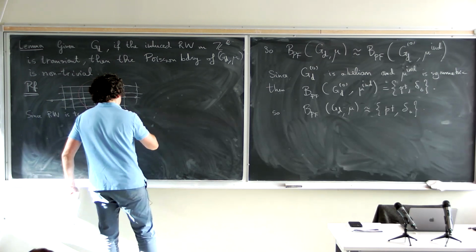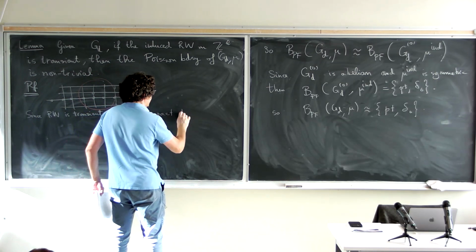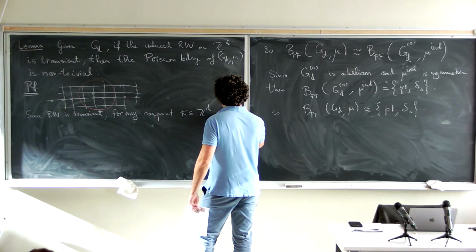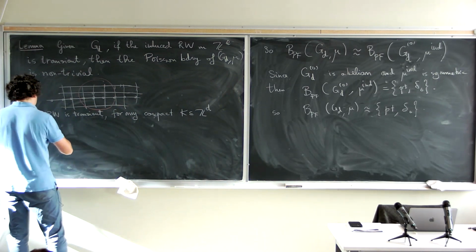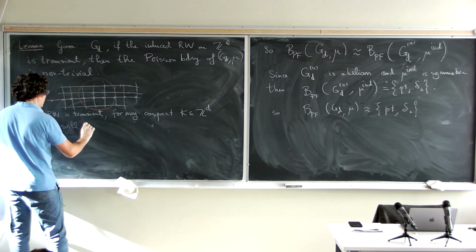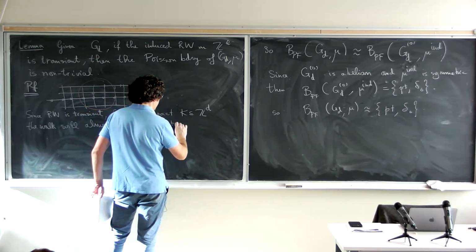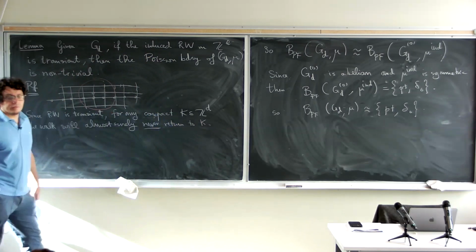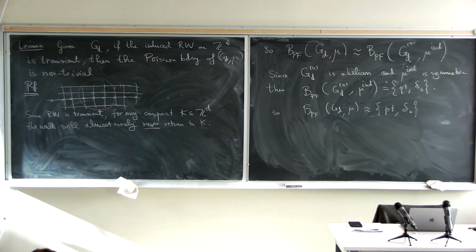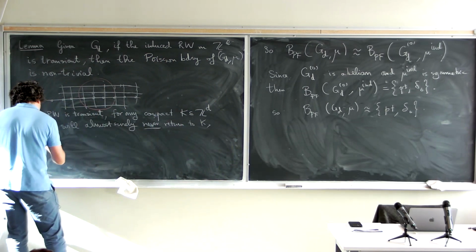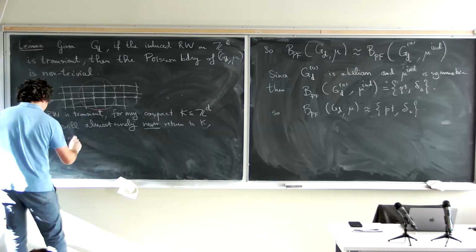So for any compact set K inside Z^d, almost surely the walk never returns to K. And so at some point, after some number of steps, the support of F_n intersect K eventually stabilizes.